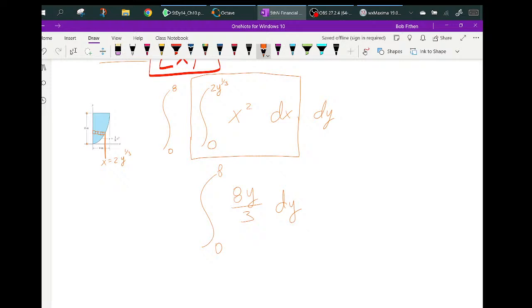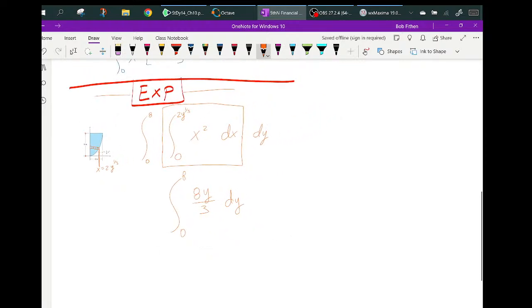So what did I do? Let me move this down. X to the 3rd over 3, evaluated from 0 to y^(1/3), and there's an integral from 0 to 8 dy.